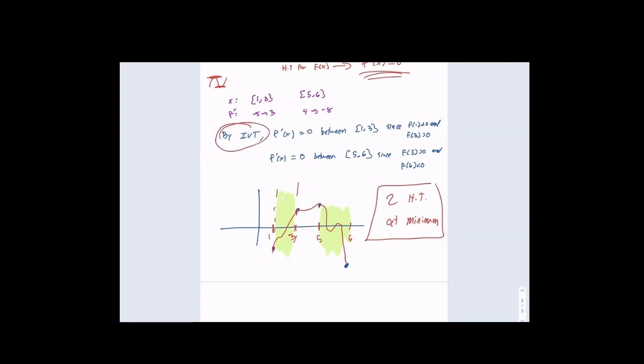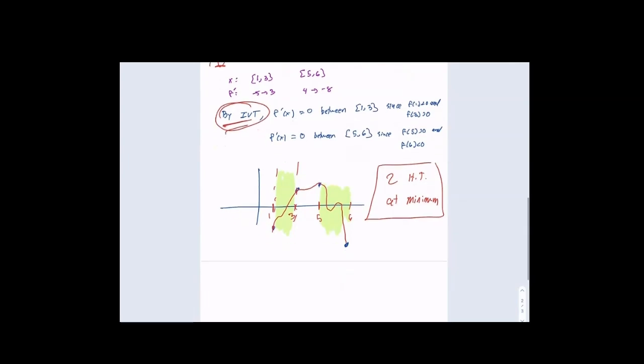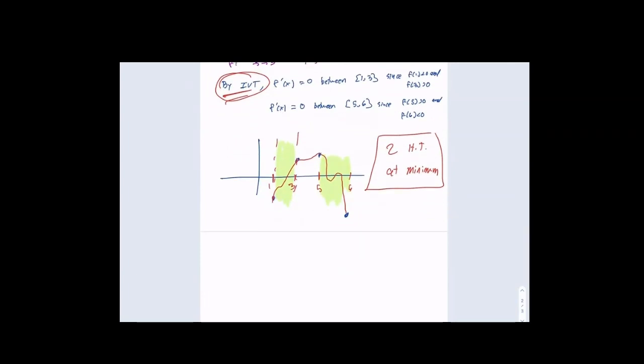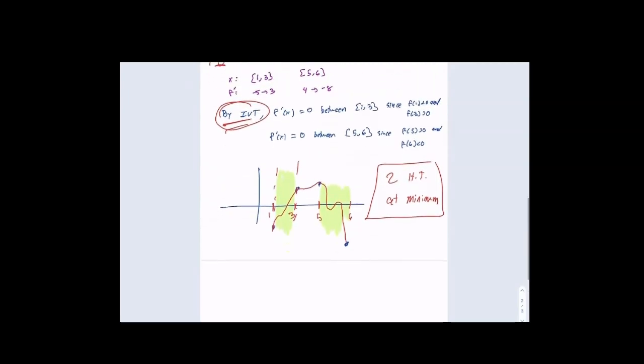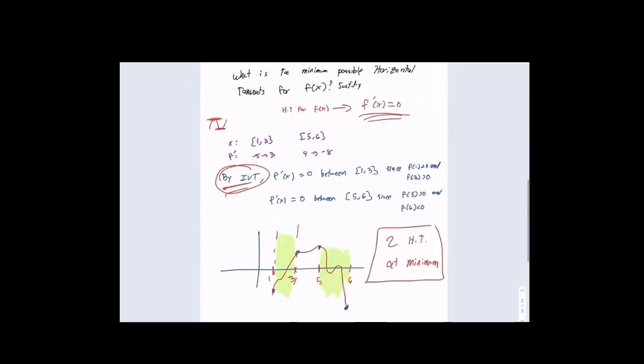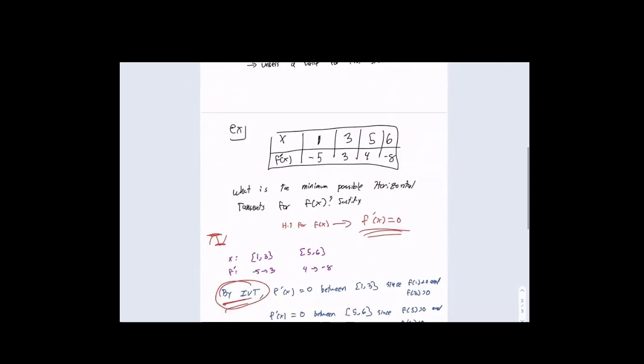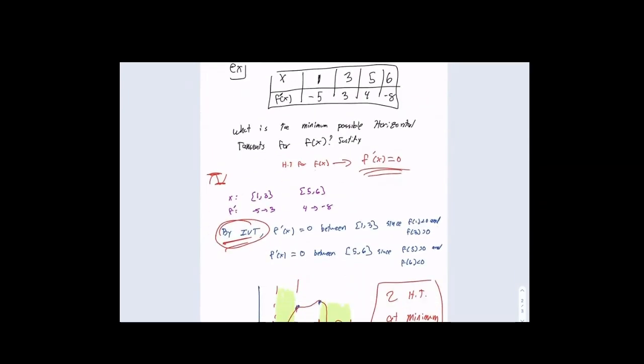And the justification here is literally the IVT. All right, we're just looking at those values for function values, f of x.